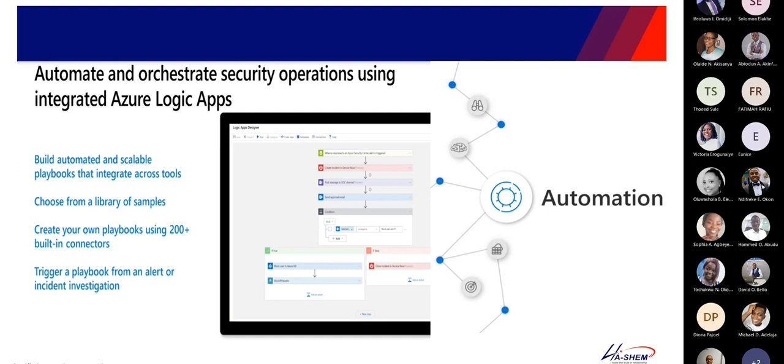If data is cleared from a virtual machine, or an unknown IP tries to access a virtual machine, shut down the virtual machine. Those kinds of actions can be set using the Logic app. And automation runs solely on playbooks, which we are also going to see in the demo.